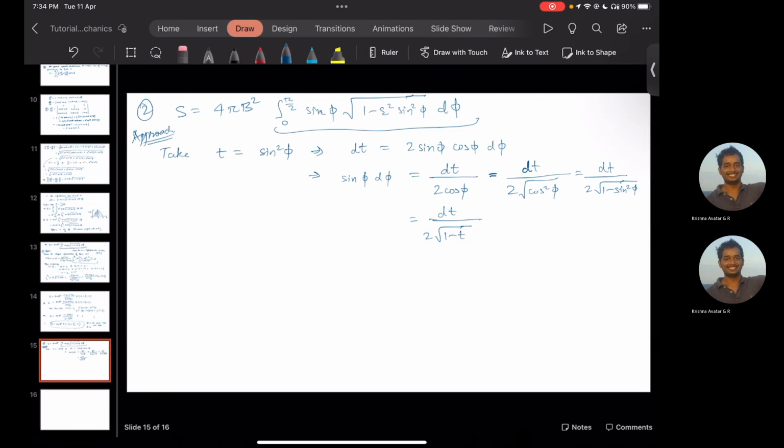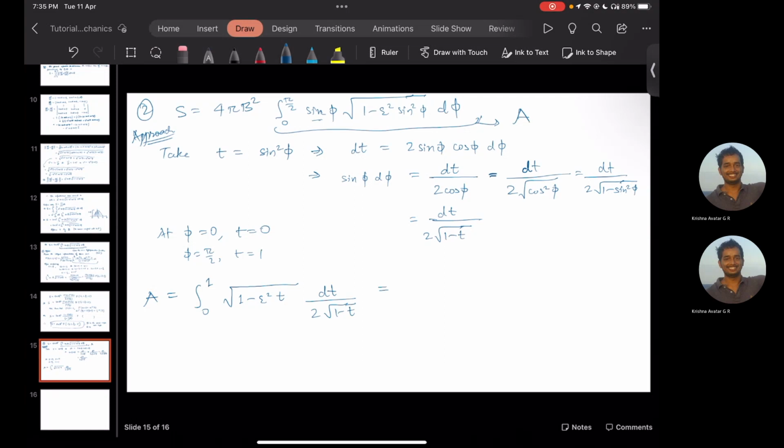Okay. Now at phi equal to 0, t is equal to 0, and at phi equal to pi by 2, t is equal to 1. So our integral eventually becomes, I'll call it A, A is equal to integral 0 to 1. And I had used this sine phi d phi just because I have sine phi and d phi. So before that, let me express this as 1 minus epsilon squared t, and then the others as dt by 2 into root over 1 minus t.